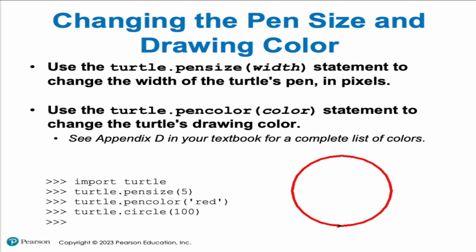Then we set the color to red, which is a predefined color listed in the appendix in the back of your book. Once we change those attributes of the pen, we say now draw a circle with a radius of 100 pixels. So we will see something that looks like the circle shown at the bottom right of this slide.